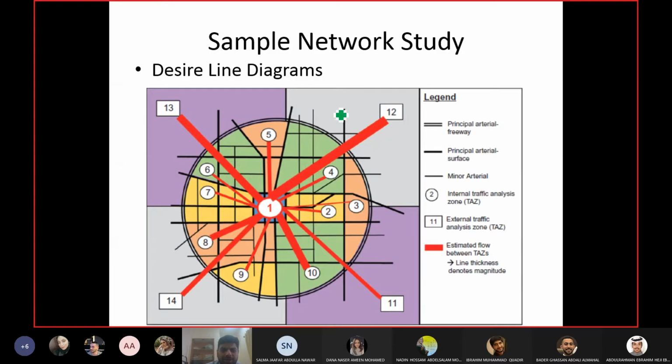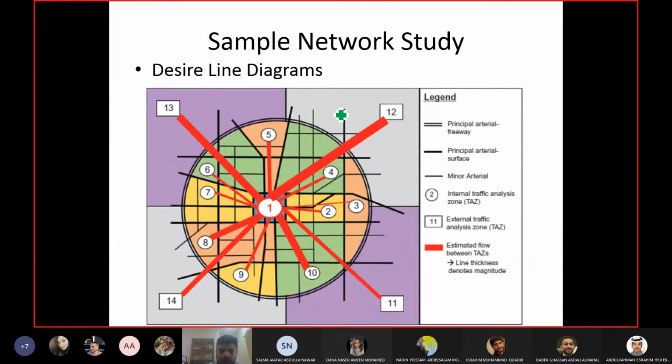So this network, which you can see on the slide here, is only showing the desire line diagram from zone 1 to other zones. Because if you can imagine, if I connect all the zones, so if I connect 2 with all the zones and 3 with all the zones, then it will become very congested. So here they are saying, why not plot it for one zone, then have another desire line diagram for zone 2, another one for zone 3.